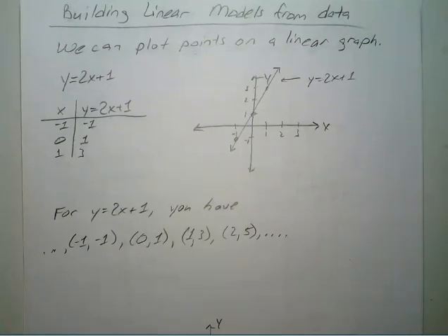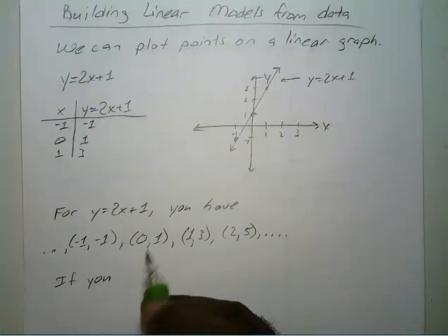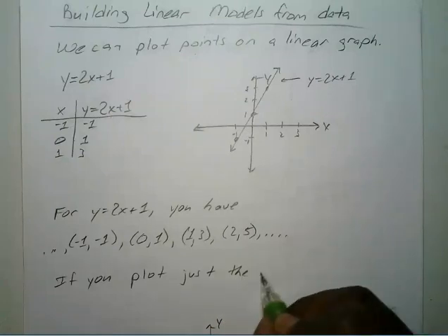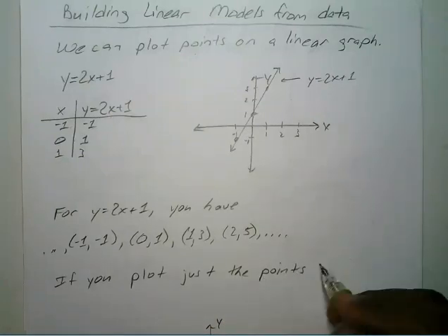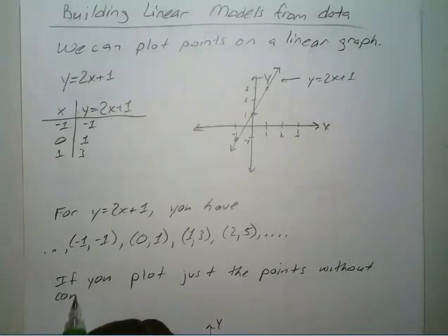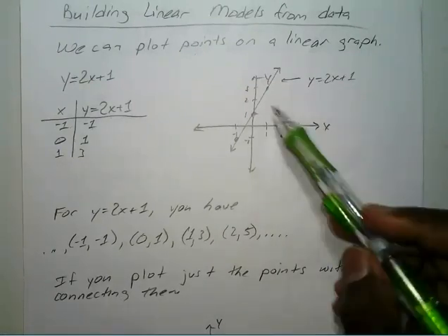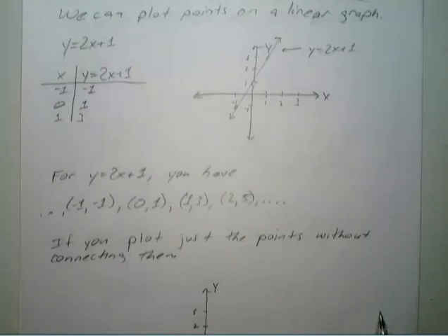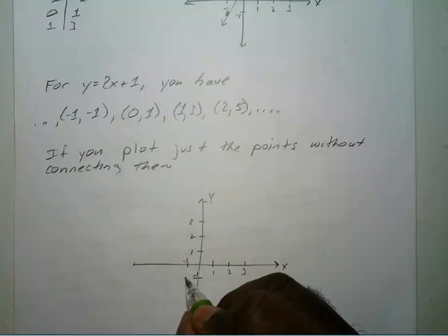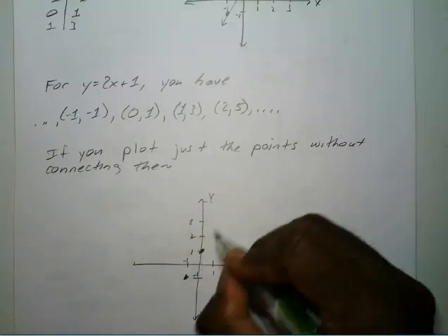Now, let's say you plot just the points, without connecting them, just like we did up here, with all of our points, our -1, -1, our 0, 1, and 1, 3.